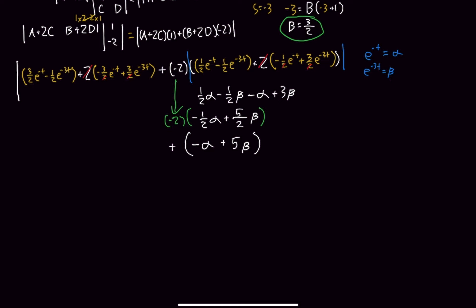Now let's do this left-hand side. I'm going to get rid of this positive sign.